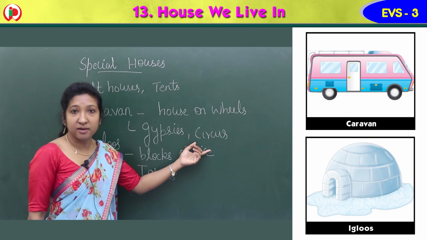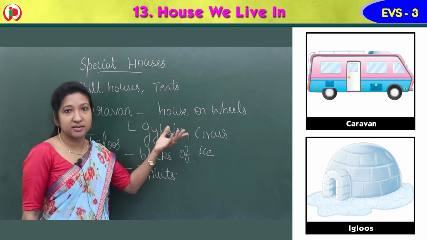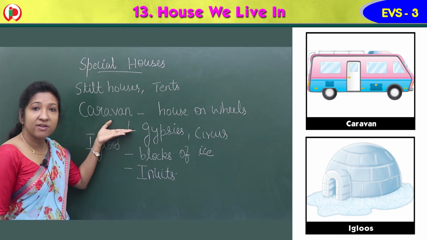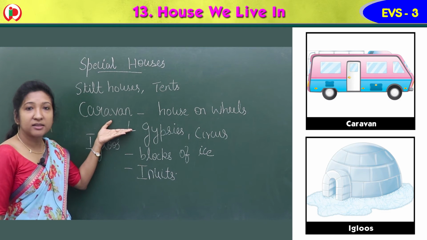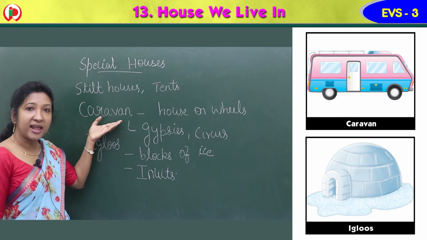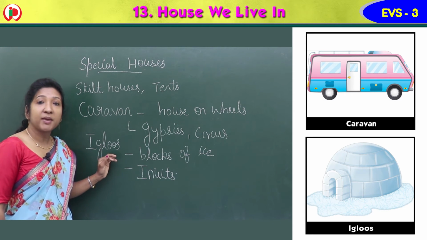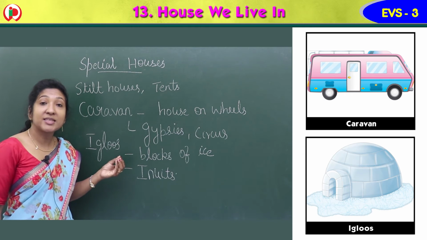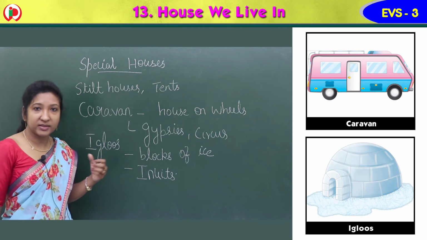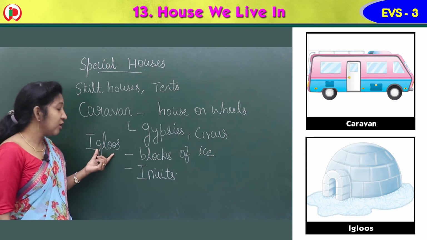Circus people, because they always need to shift. So they choose this caravan house, a house on wheels. C-A-R-A-V-A-N, caravan. Now, people in Greenland make houses with snow, blocks of ice, we say, that are called igloos.